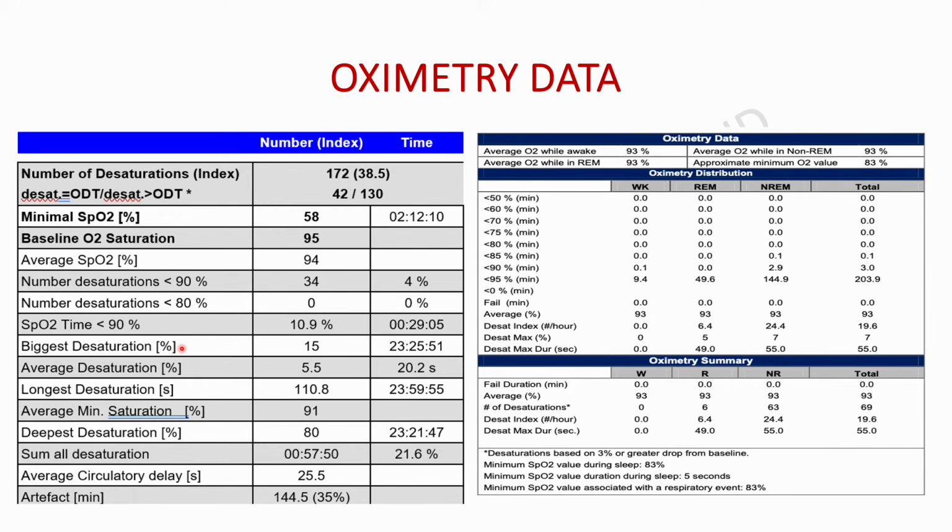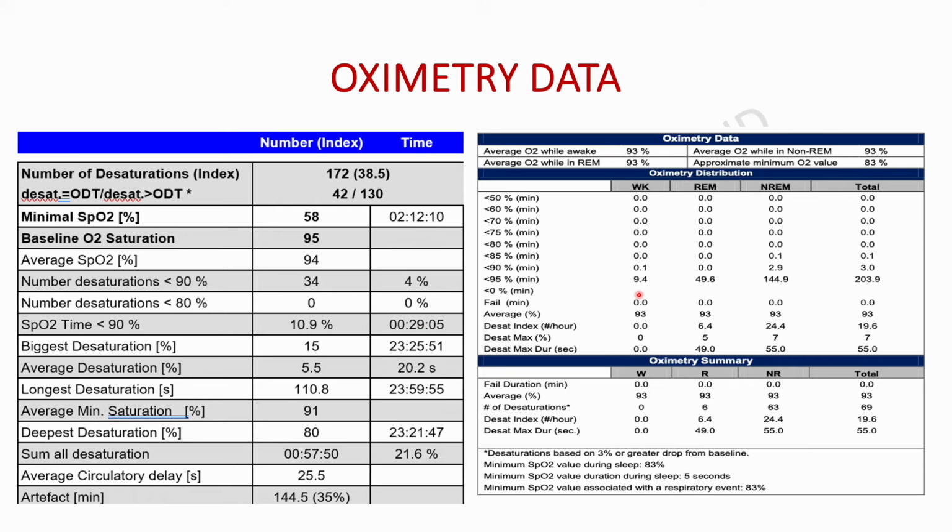It also tells you how long the biggest desaturation was, such as in this patient 15 seconds, what was the average desaturation, what was the average minimum desaturation, and was the nadir the lowest saturation level.